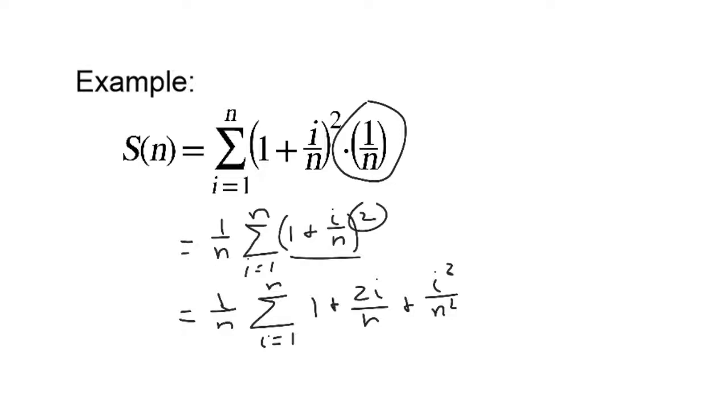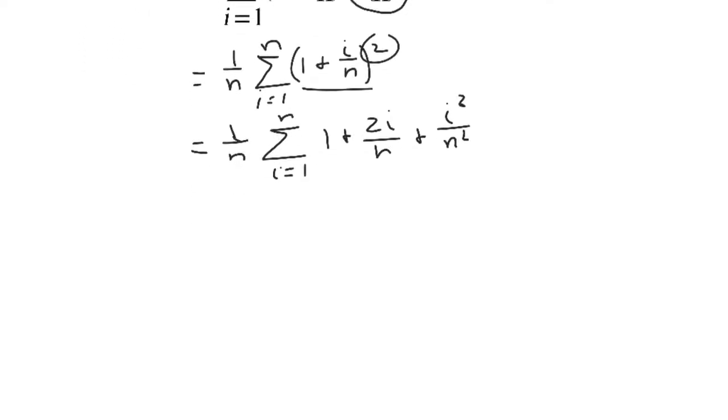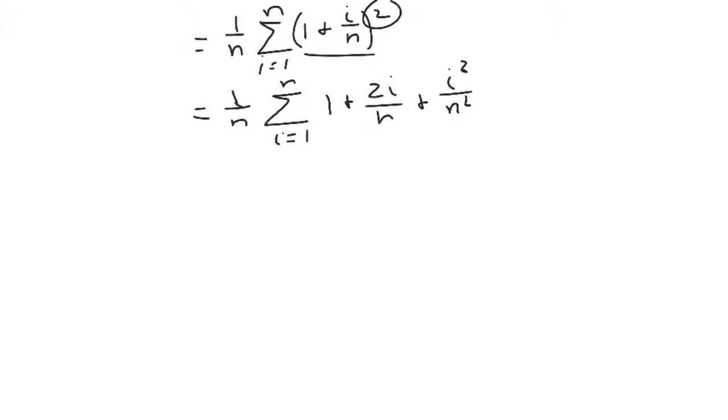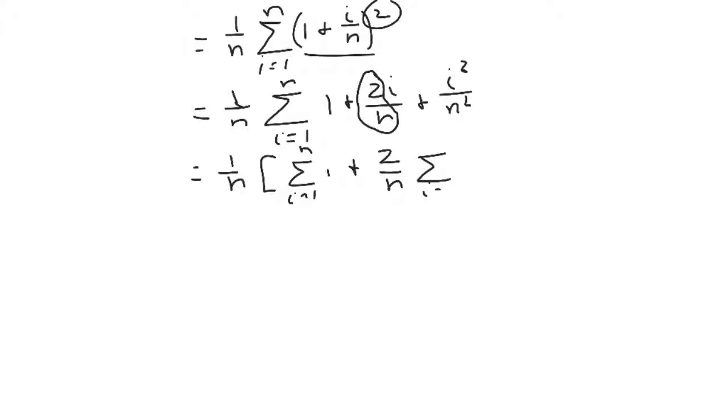Okay, now I can use property number 2 as follows. One over n times the sum from i equals 1 to n of 1. And then this guy right here, the part that I'm circling, is a constant, so I'm going to bring that out in front of this.